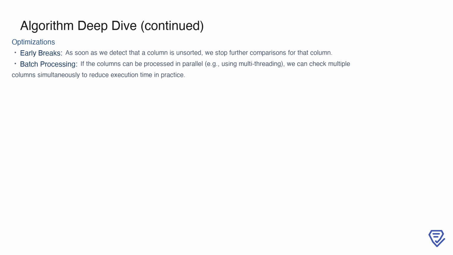For instance, using multi-threading, we could process multiple columns simultaneously. This would reduce execution time in practice, particularly when dealing with a large number of columns. While the algorithm is already efficient for typical inputs, these optimizations can make it even faster and more scalable for larger datasets or real-world applications where performance is critical.